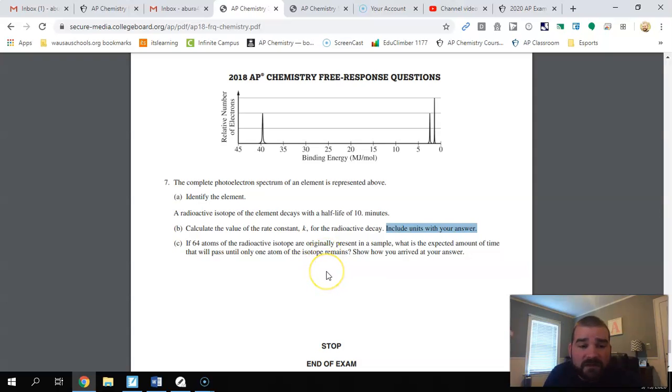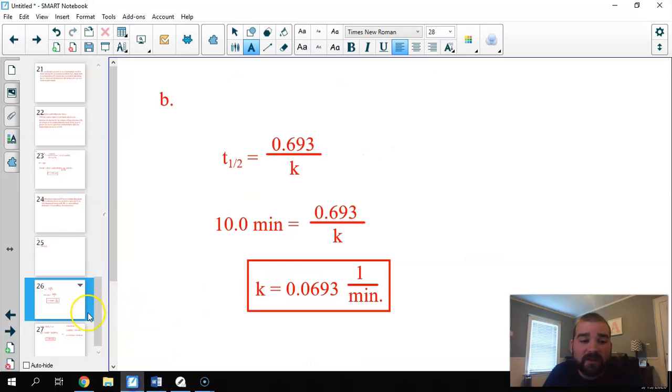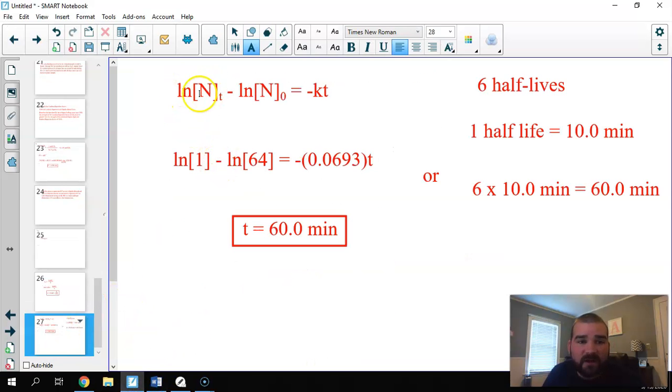The other way we can do this is if it's half-life, it's first order. And if we're dealing with time and trying to solve for time, you can use the first order integrated rate law, which looks like this. The natural log of the concentration at time t minus the natural log of the concentration at time 0 equals negative kt.